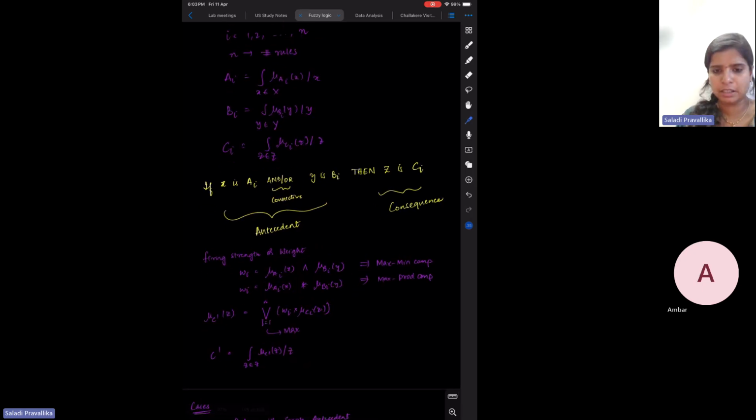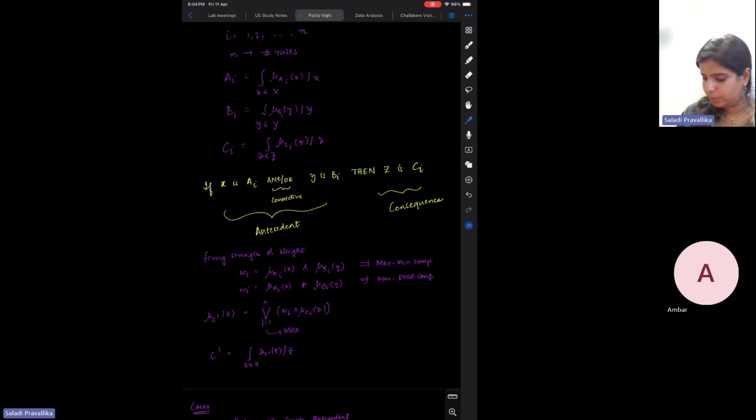The antecedent and the consequence are written as: if x is Ai and or y is Bi, then z is Ci. As you all remember, and and or are the connectives. I can either say if x is Ai and y is Bi, then z is Ci, or I can say if x is Ai or y is Bi, then z is Ci.